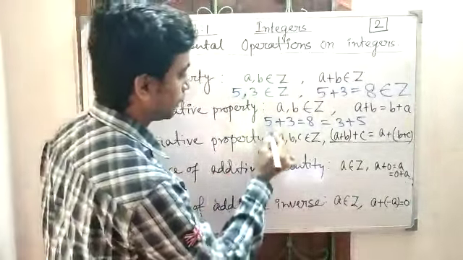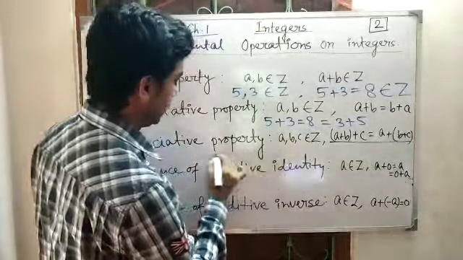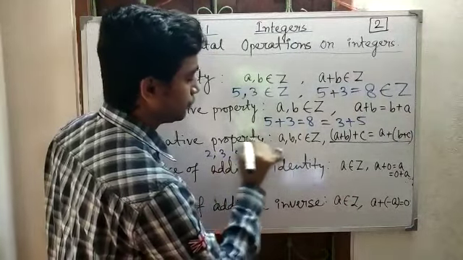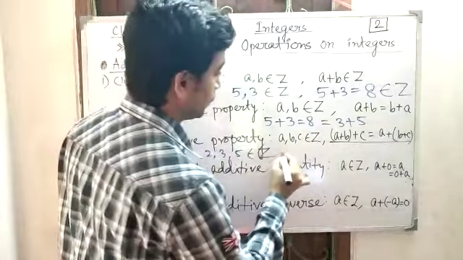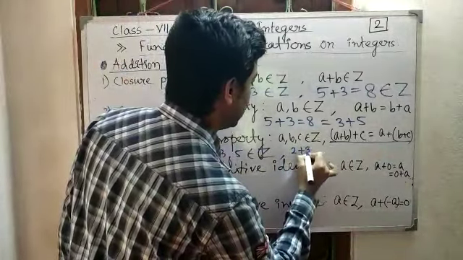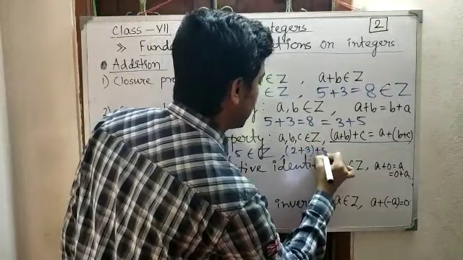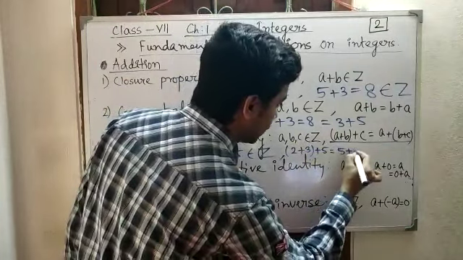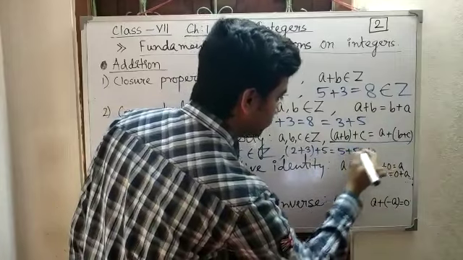Take one example. Here I am taking 3 elements 2, 3 and 5, which belong to Z, that is integers. So what you can write? (2 plus 3) plus 5. What will be the answer? It will be 5 plus 5, that is 10.